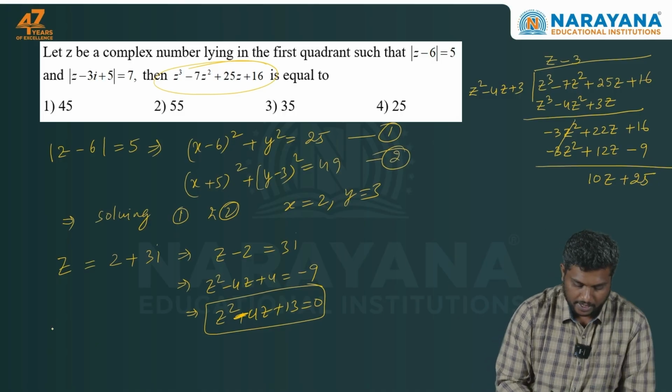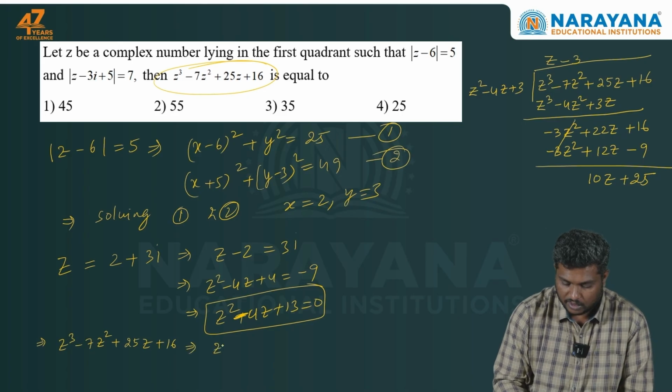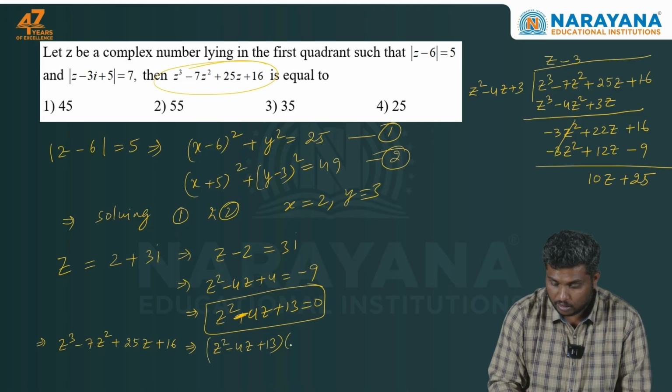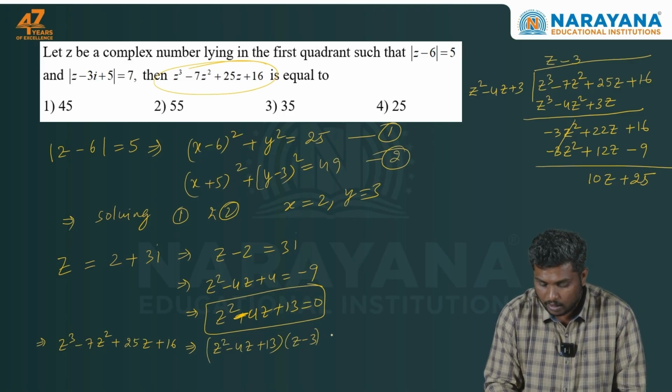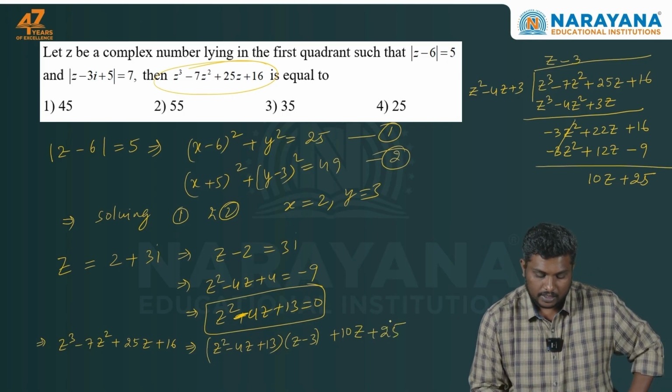So guys, I can write z cube minus 7z square plus 25z plus 16 is equal to z square minus 4z plus 13 into quotient. The quotient is z minus 3 and the remainder is 10z plus 25.